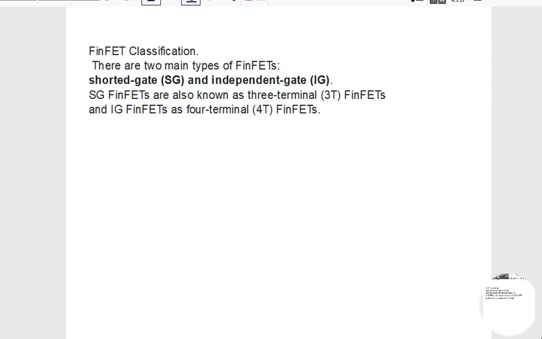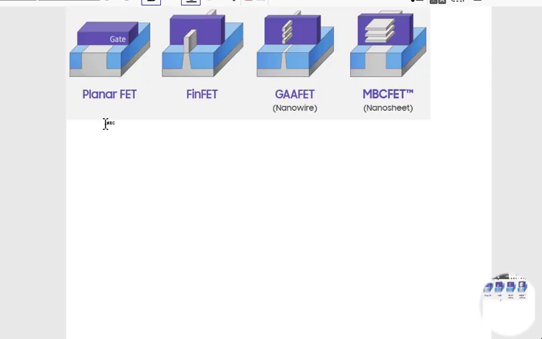If you compare different types of FETs, first this is the normal planar FET. We know that this is the normal one, this is your gate, this is the oxide in between. But here you see this is your FinFET, where the channel height is taken. Earlier this was only one dimension, now this becomes two dimensional.